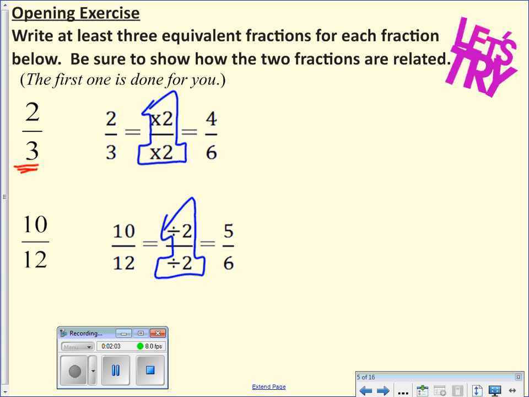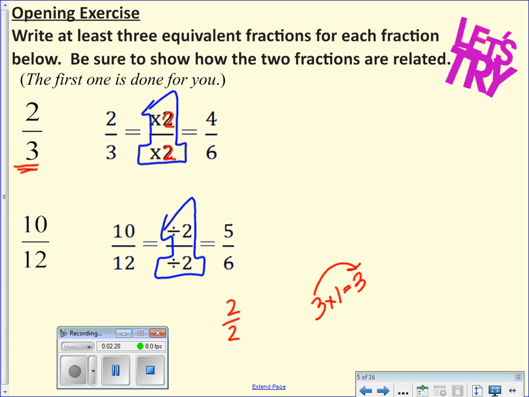Well, if I multiply the numerator and denominator by 2, I realize that 2/3 is equivalent to 4/6. Remember, anytime your numerator and denominator are the same, it's equal to 1. And what do we know? When we multiply a number by 1, we get the same number. We get the identity.